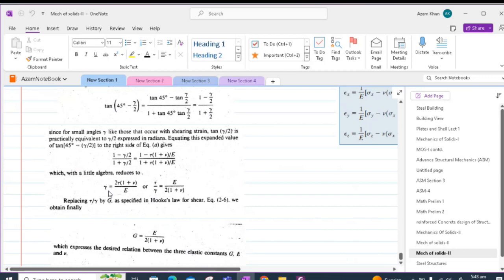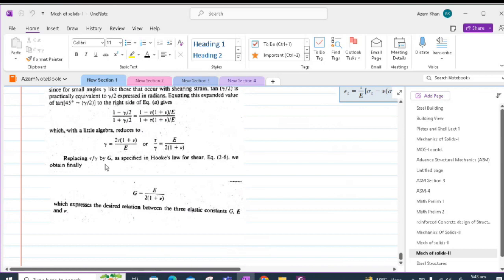After carrying out some algebra, we will get gamma equal to 2 tau (1 plus nu) divided by E, or tau by gamma equal to E by 2(1 plus nu). Tau by gamma is equal to G. Hence, we will get G is equal to E by 2(1 plus nu), which is the desired relation between G, E, and nu.